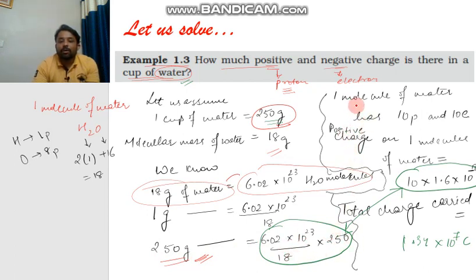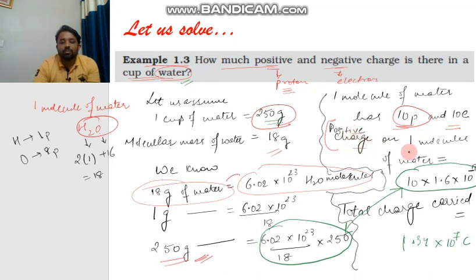So now we know that one molecule of water has 10 protons and 10 electrons. How did we conclude this? Because the formula of water is H2O. It contains two hydrogen. Each hydrogen has one proton, so two hydrogen will have two protons, and it contains one oxygen. The oxygen has 8 protons. So the total number of protons is 10. Now, as water is a neutral compound, the positive and negative charge will be the same, so we can find either of them.